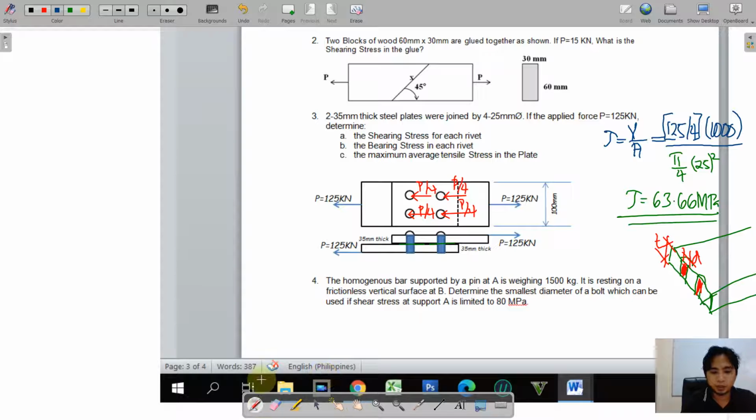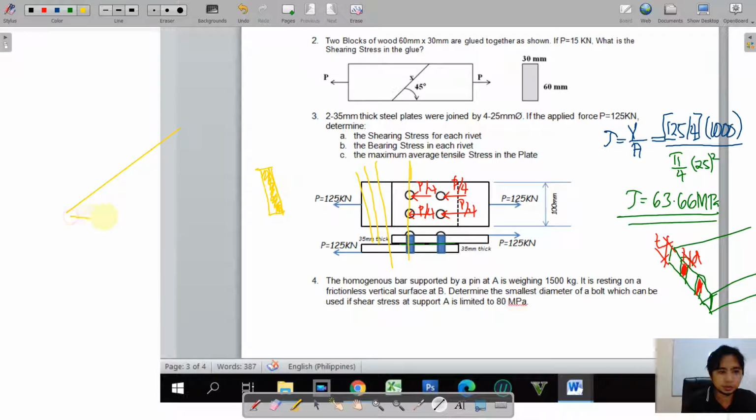So if we have this as the cross section, practically we have this cross section. Anywhere in this except for the section passing through a hole, meaning your cross section will be reduced.